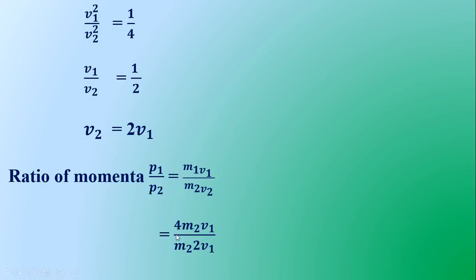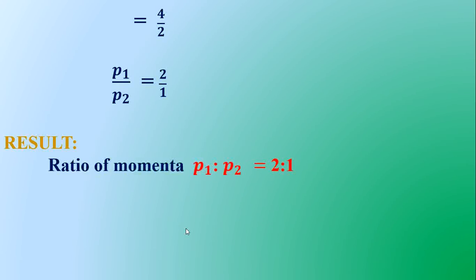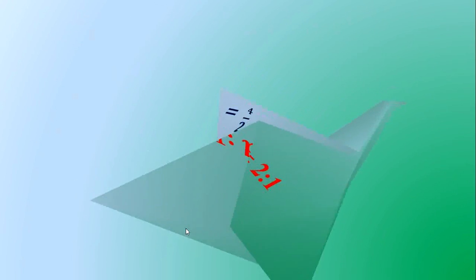Now in this, m2 and m2 get cancelled, V1 and V1 get cancelled. Now we cancel the 4 and 2, we get 2. So P1 by P2 is equal to 2 by 1. So we write it as a ratio: the ratio of momenta P1 is to P2 is equal to 2 is to 1.